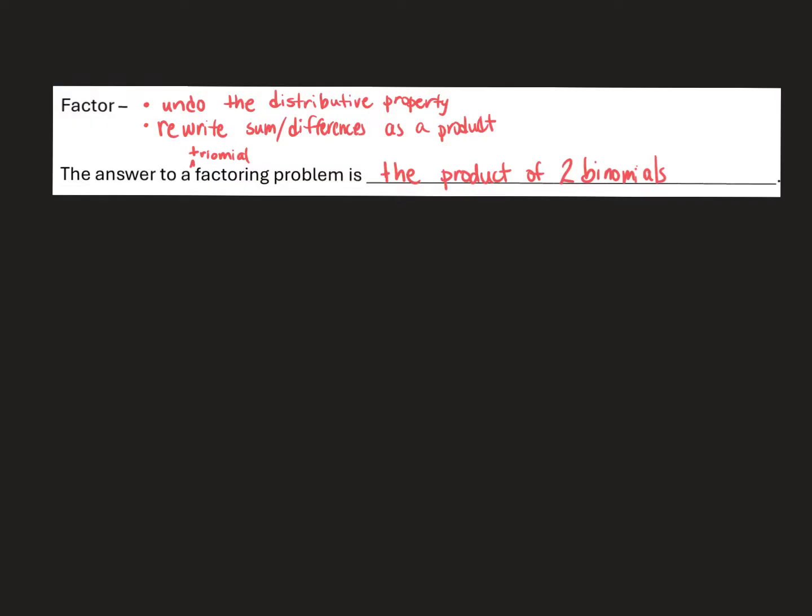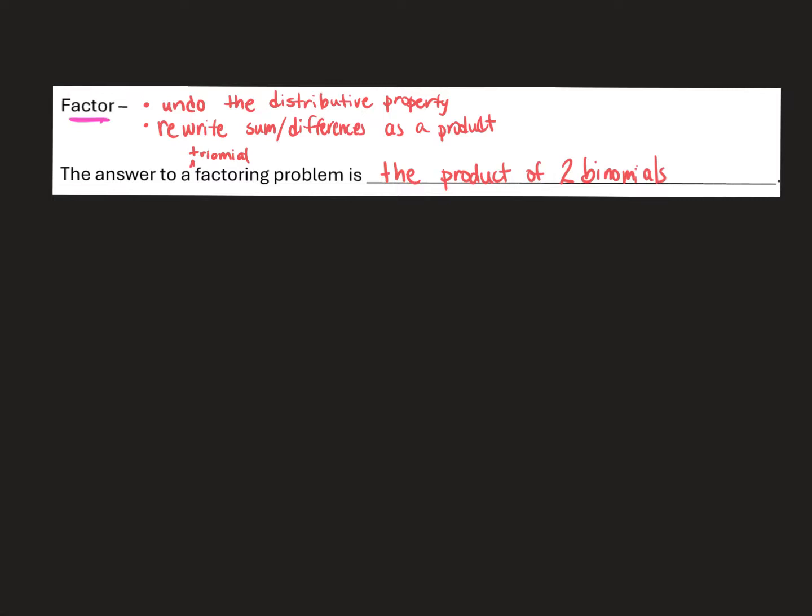The last lesson that we did, we talked about trinomials. A trinomial is the sum of three monomials, three unlike terms. If you're asked to factor, it means to undo the distributive property. You're rewriting your sums and differences as a product.